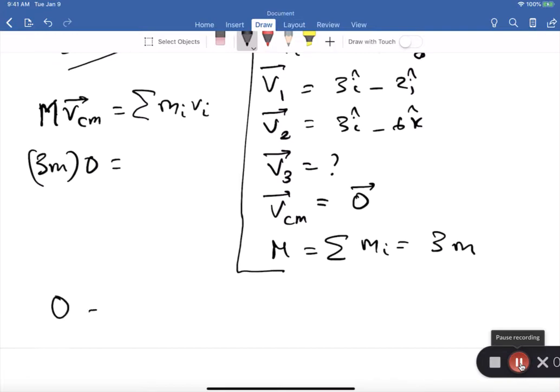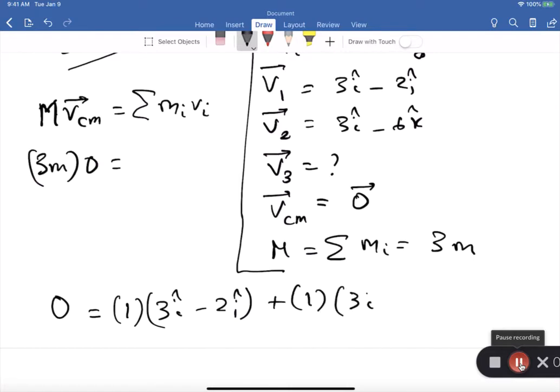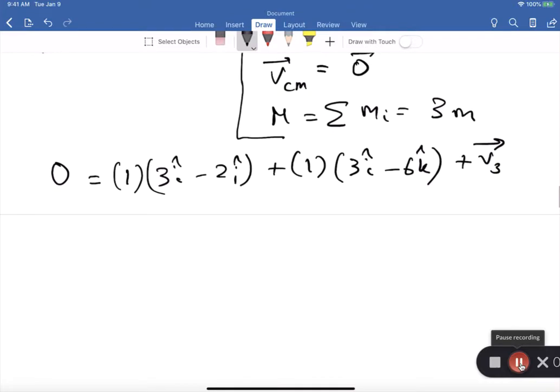So 0 is equal to M multiplied by V1. So 1 multiplied by 3i hat minus 2j hat plus 1 multiplied by 3i hat minus 6k hat plus V3, right? And now we just have to solve for the vector V3. So it's just going to be 0 is equal to 3i plus 3i is 6i, minus 2j, minus 6k is what we have here, plus V3.